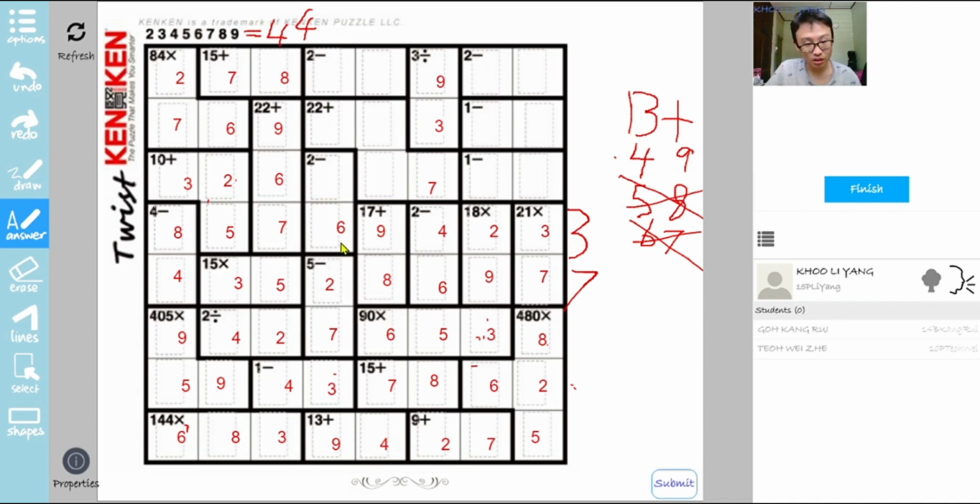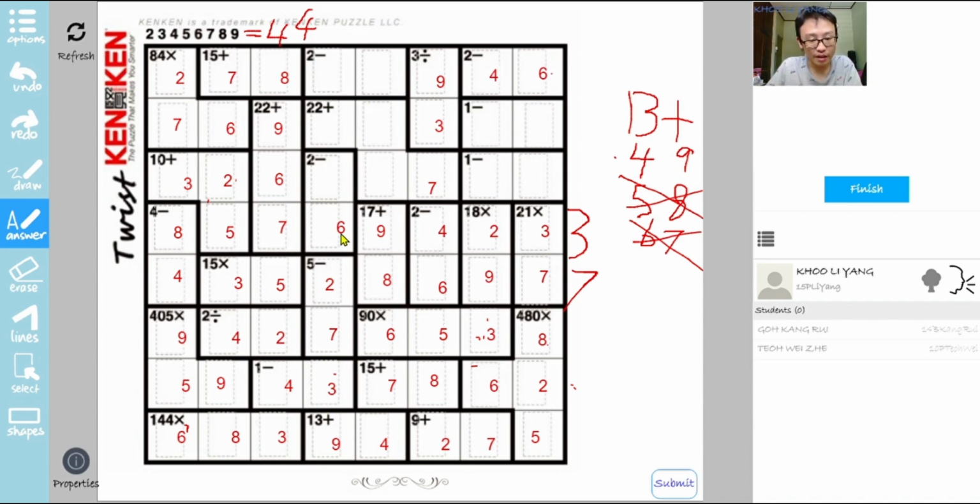Okay, 6 is in this column and this column. 6 minus 4 will be used here since 6 is also in this column. So 6 will be here and 4 will be here.